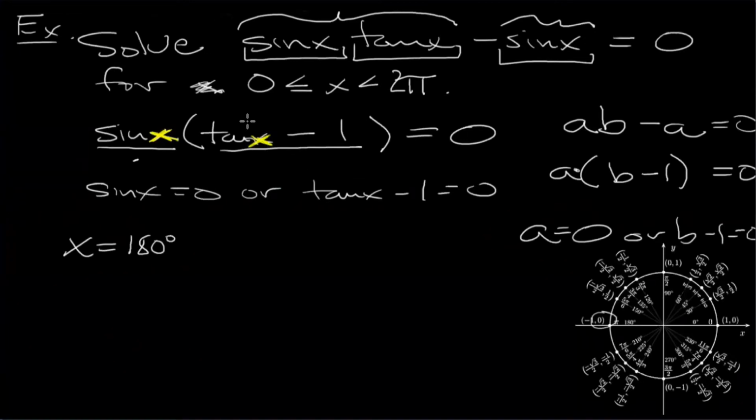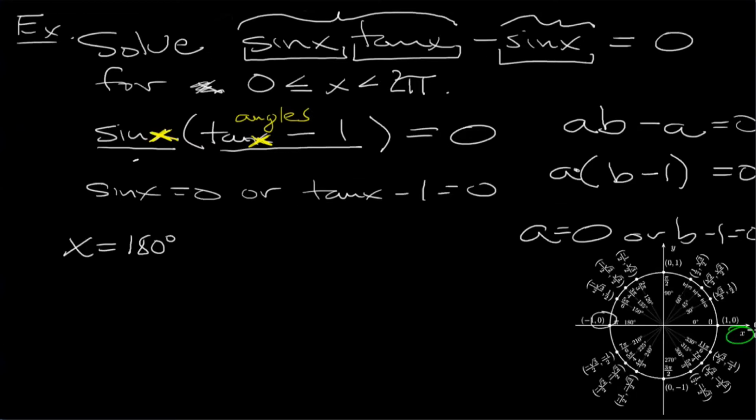Okay, these are all angles because they are the inputs of trig functions. They are not the same as the x value over here. Okay, so this x value over here is something completely different.